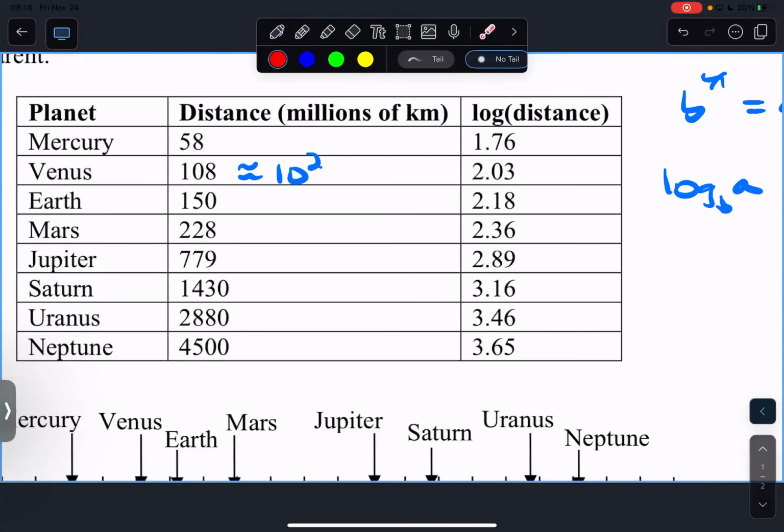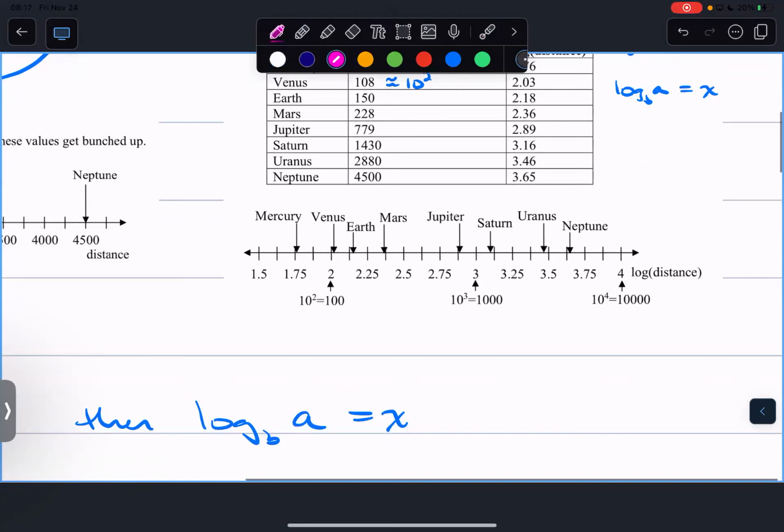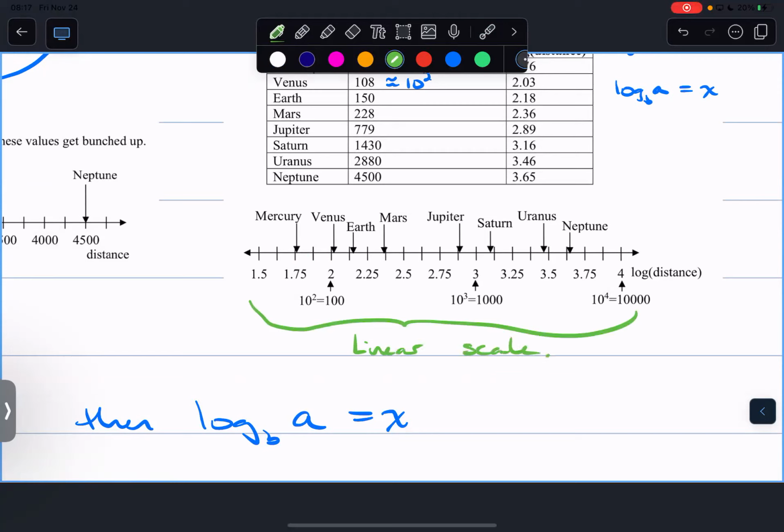You can use your calculator, but if you have these in terms of 10 to the power of whatever, then you can convert them that way. And that's why it works. And this is the benefit. Right now we're on this kind of stretched out, linearized scale, where they're not all scrunched up. This is what we would call a linear scale.